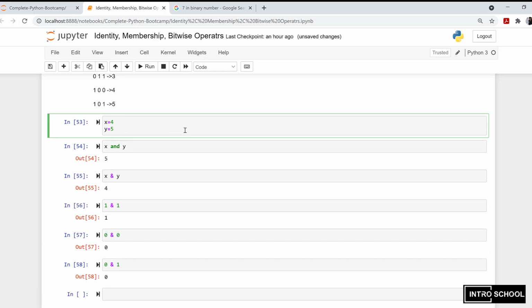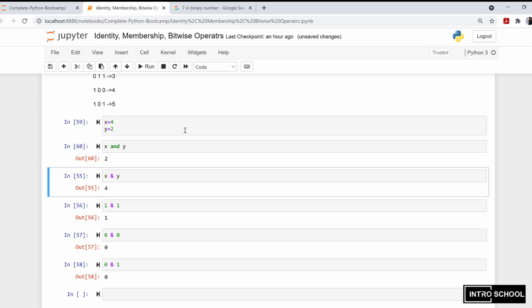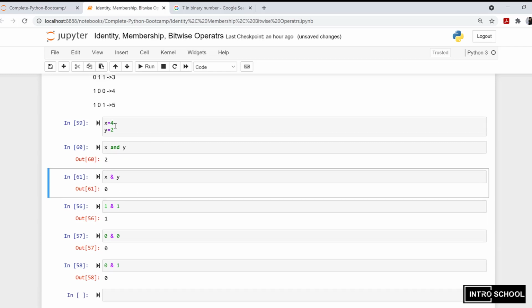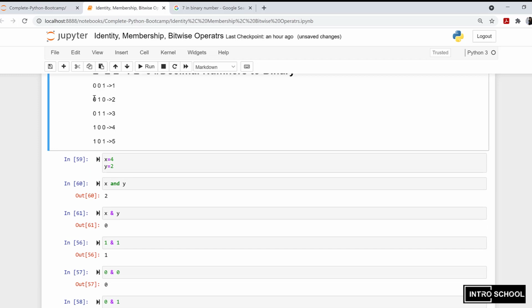You can try it. If I make y as 2, now my value changes to 0. Now you can compare 4 and 2. This is my 4 and this is my 2. So 1 and 0 is 0, 0 and 1 is 0, 0 and 0 is 0.